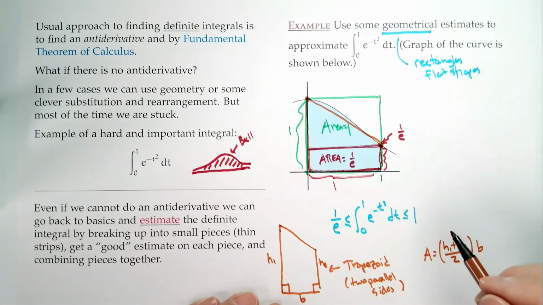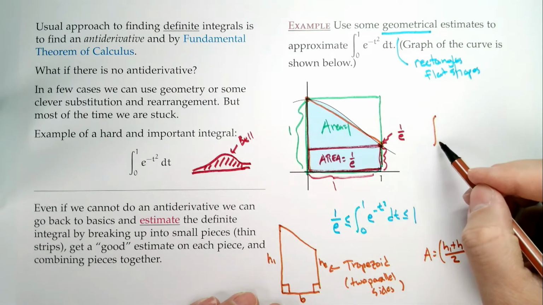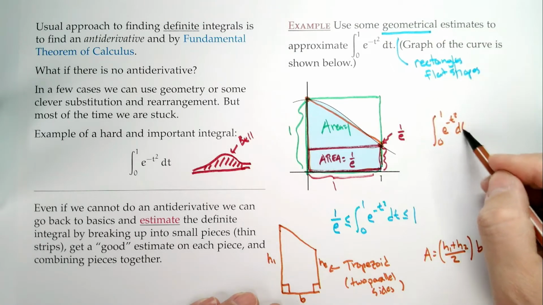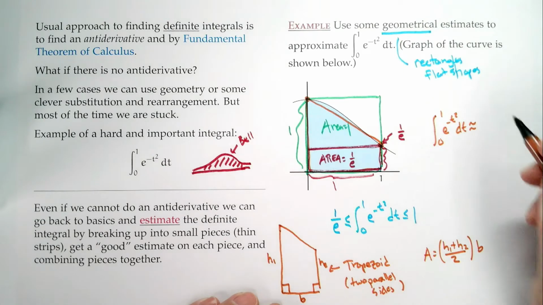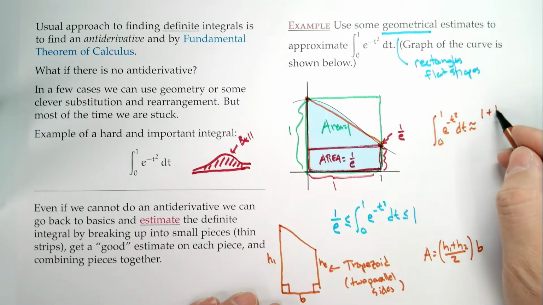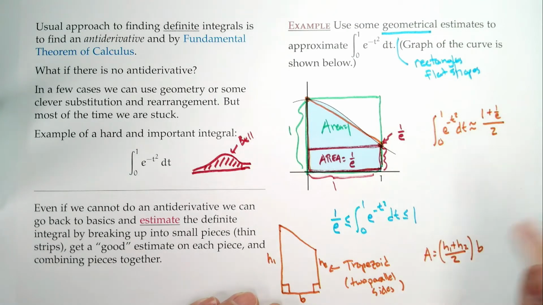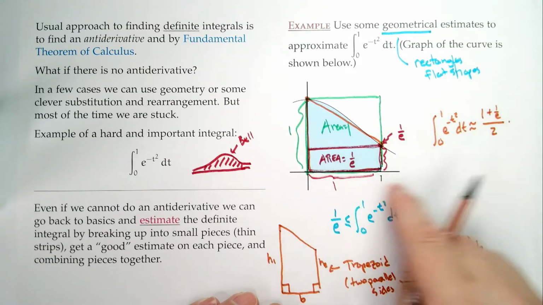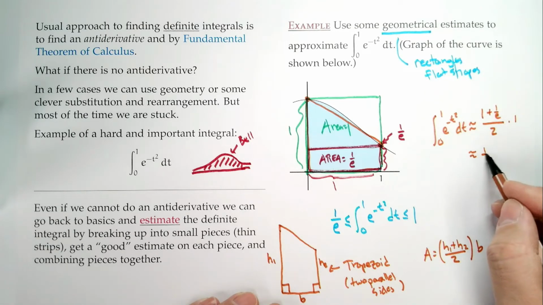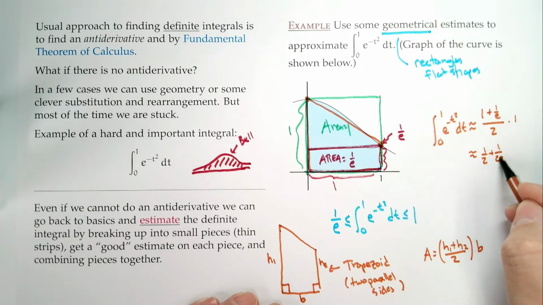So we could say that the approximation by the trapezoid, the integral from 0 to 1 of e to the minus t squared dt, is about 1, that side on the left, plus 1 over e, divided by 2, so that's the average height, times the base, which is 1. Okay, so it's about 1 over 2 plus 1 over 2e.